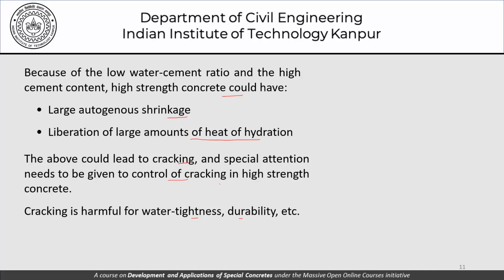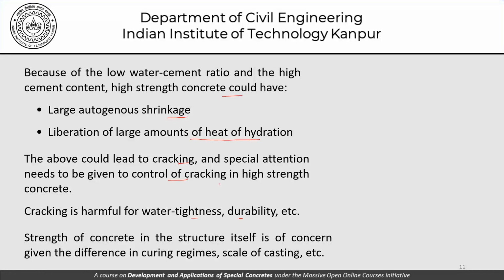So it's very nice to be able to use or develop high strength concrete, but along with it there are some downsides: increase in autogenous shrinkage, liberation of large amounts of heat, and the resulting cracking. So we have to be careful about that.